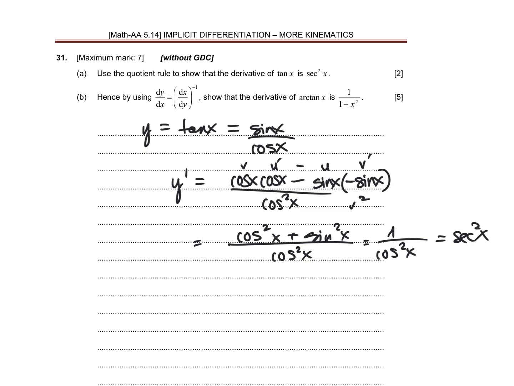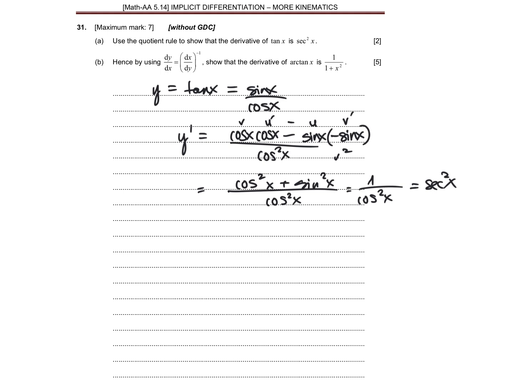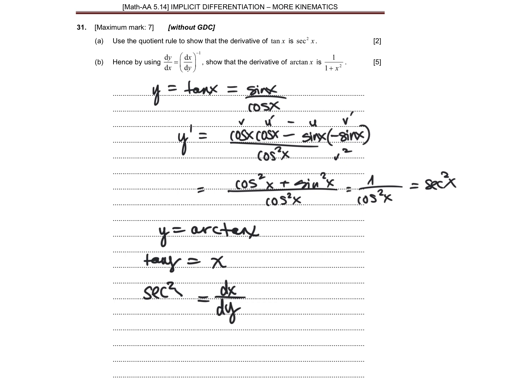Hence, by using this, all right, so we're going to have y is arctan x. So tan y equals x. So if we want dx dy, this is going to be secant squared y. And that, in the formula booklet, is 1 plus tangent squared y.